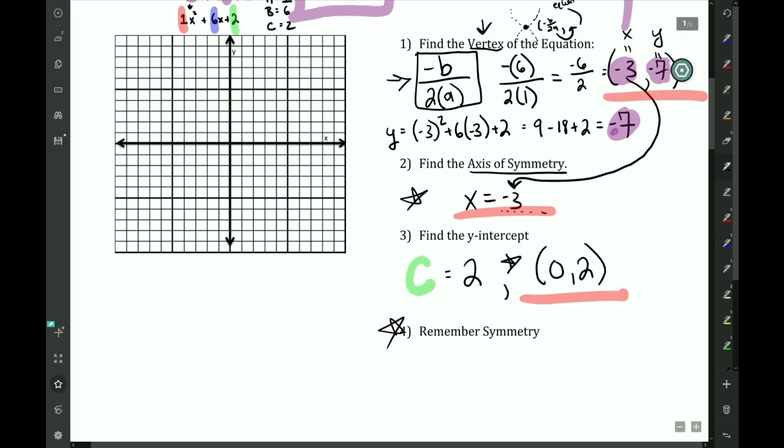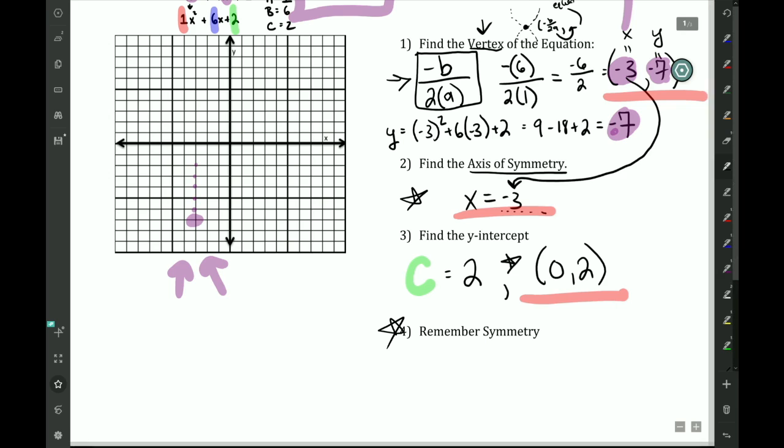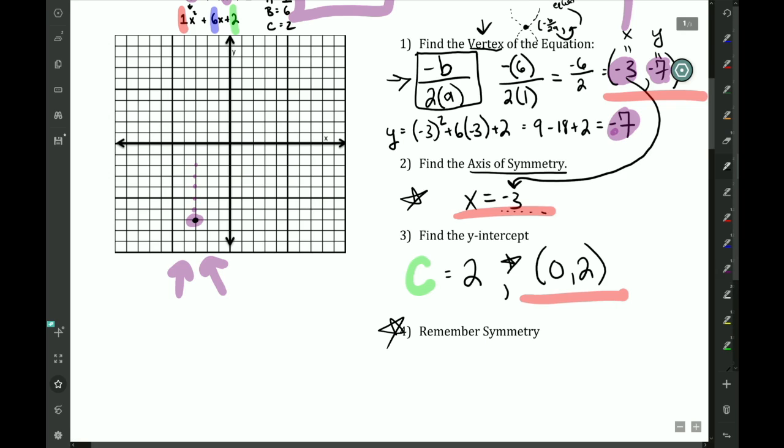And we plot them. The vertex is at negative 3, negative 7. So 1, 2, 3, 1, 2, 3, 4, 5, 6, 7. Right there's the vertex. Okay. If we look at now the axis of symmetry, I kind of have something drawn in here.